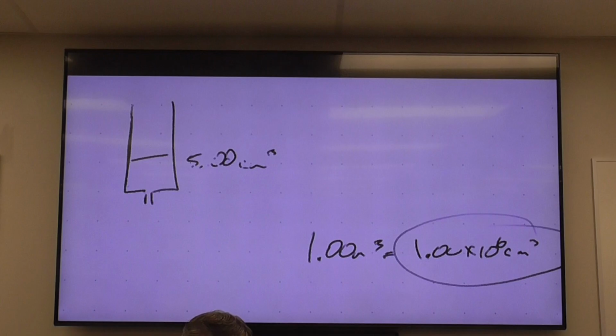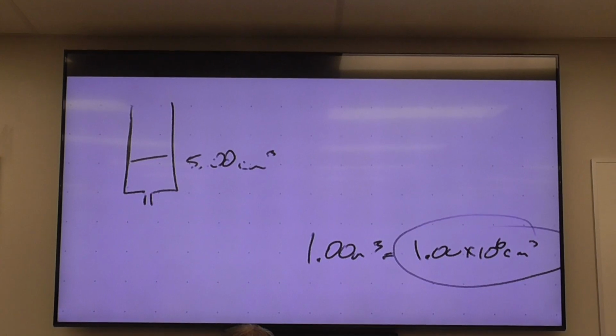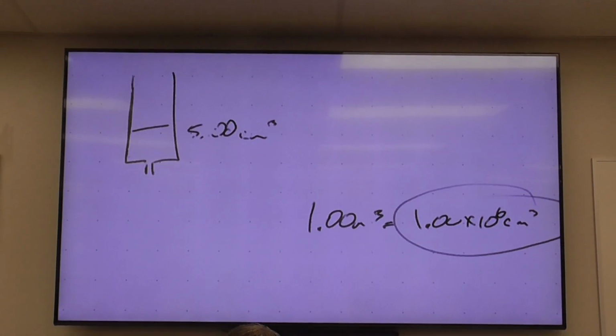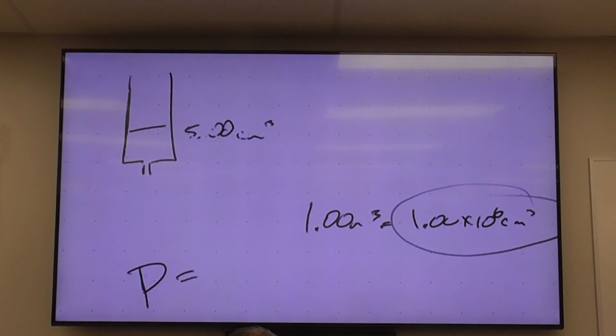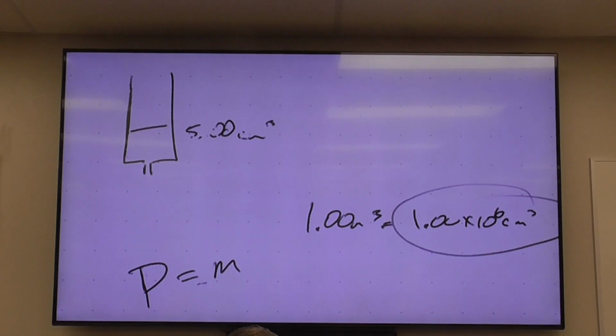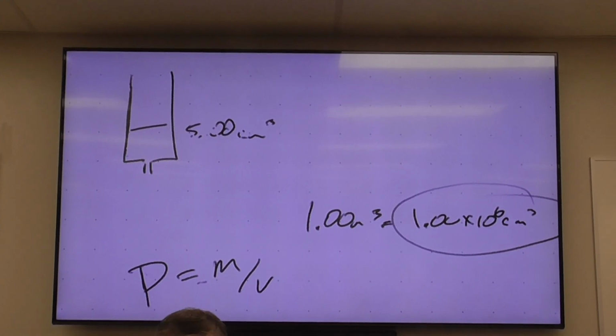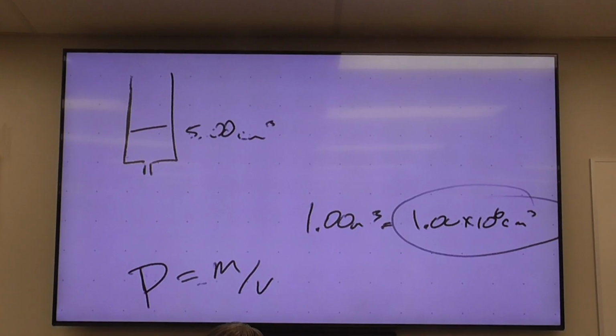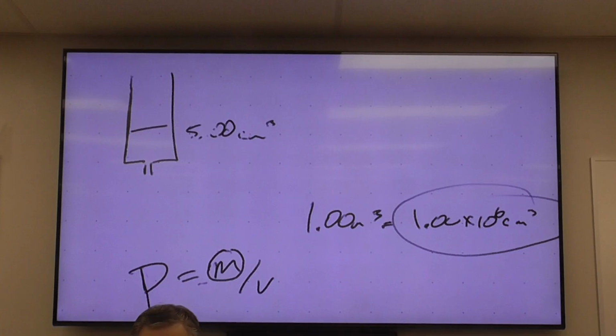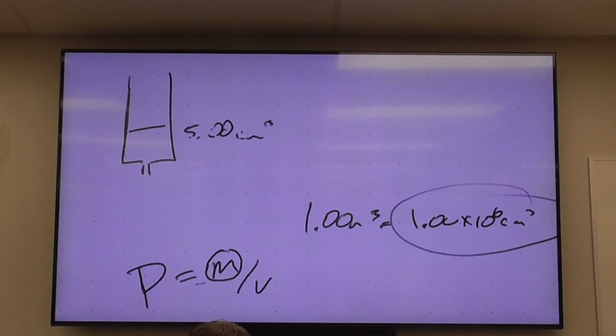Then you've got the density. We're going to spend a lot of time talking about density today. Density, in physics we usually use rho, is mass over volume. So you know the volume, you know the density, then you can find the mass of the gas inside the syringe.